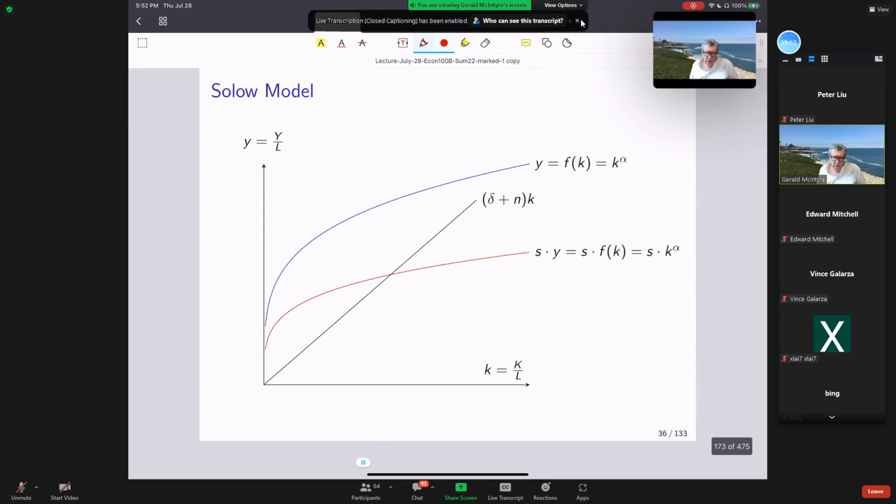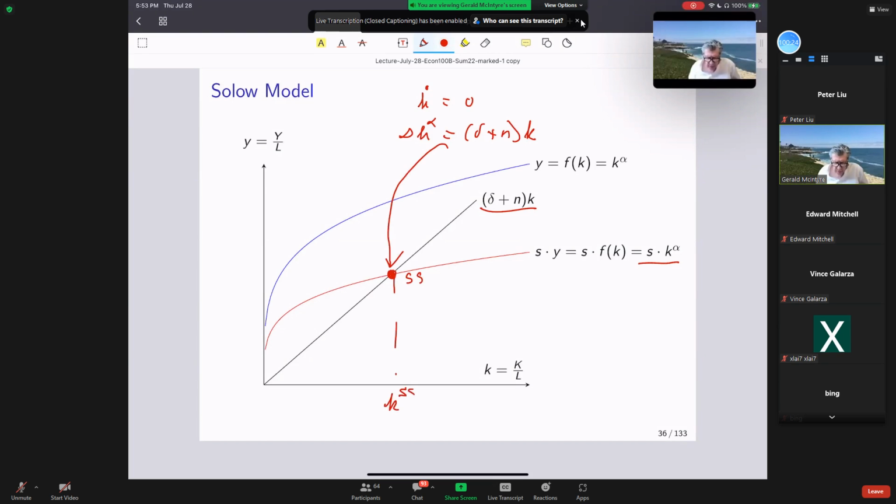Here's the steady state right here. Steady state is where k dot is equal to zero, or s times k to the alpha is equal to delta plus n times k. Here's the savings function, here's this line, and they're equal here. Here's the steady state level of capital per worker, and here's the steady state level of output per worker.